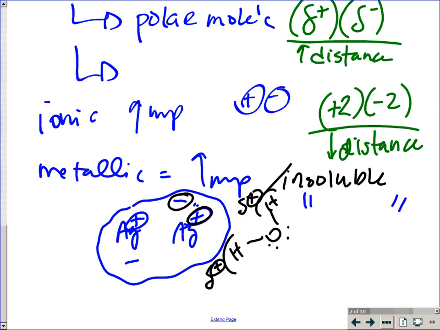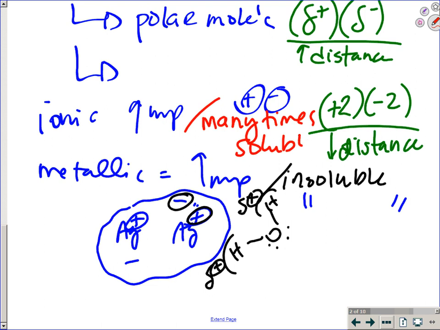With ionic, soluble or insoluble in water? Always soluble? Well, we have those insoluble products, right? Precipitates. So I'm going to say many times they are soluble, except for when this attraction is so large, like aluminum phosphate or silver phosphate, or things with a 3 charge, a lot of times are insoluble products, so are precipitates.